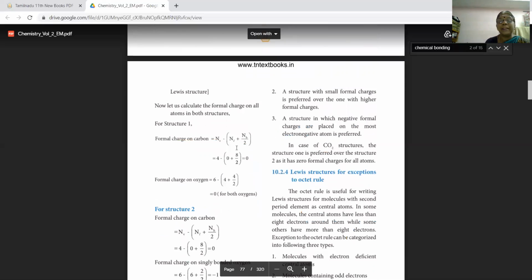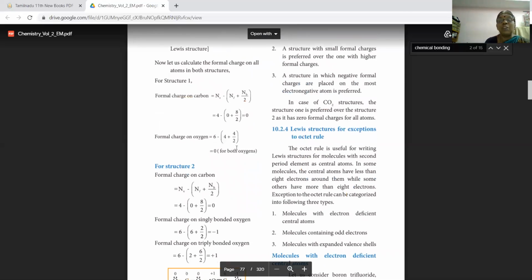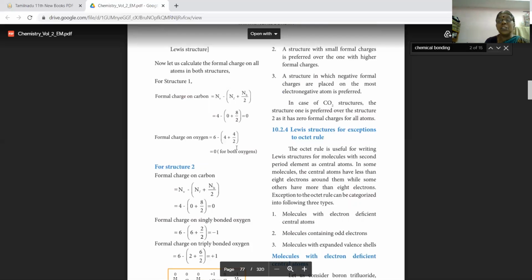Then the second point is that a structure with a small formal charge is preferred over the one with a higher formal charge. And the third point is that a structure in which a negative formal charge is placed on the most electronegative atom is preferred. Now, in the case of carbon dioxide, structure 1 is preferred over structure 2 as it has 0 formal charges for all atoms.